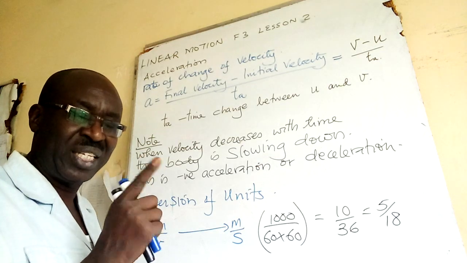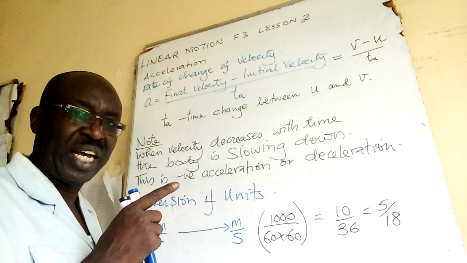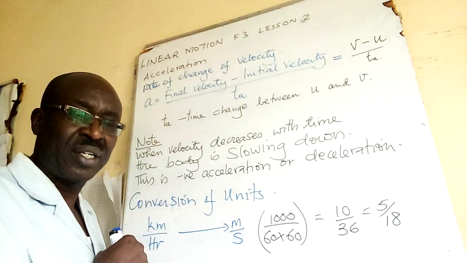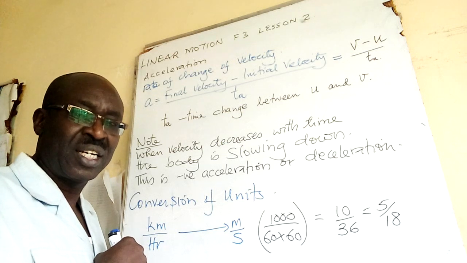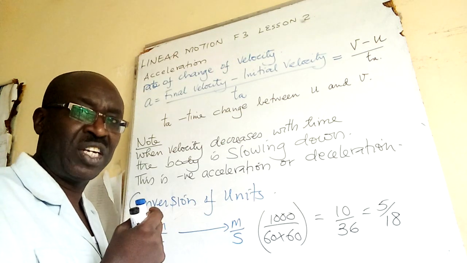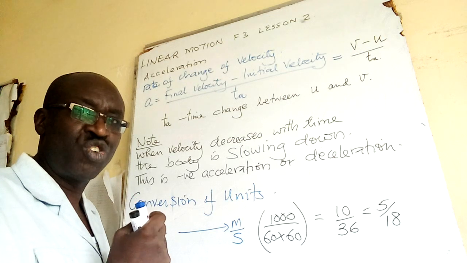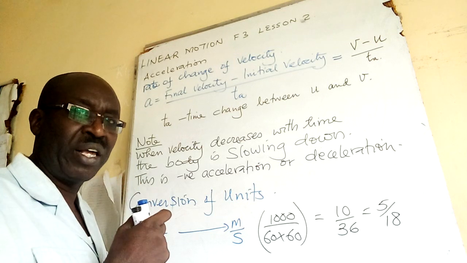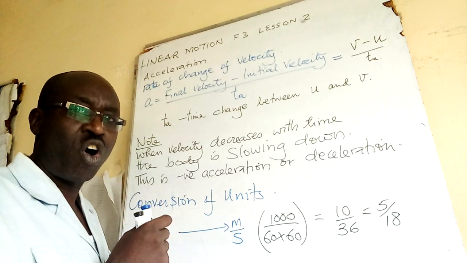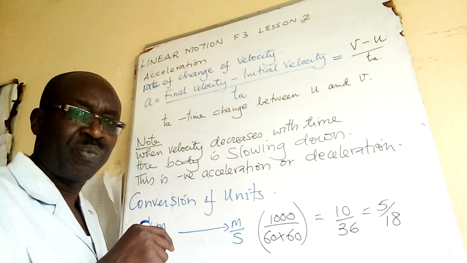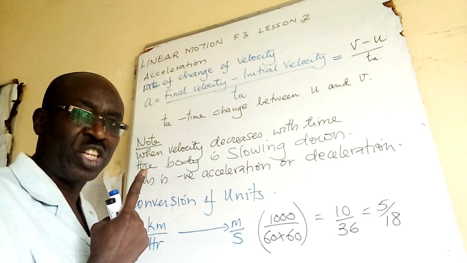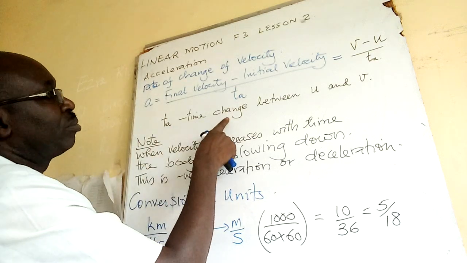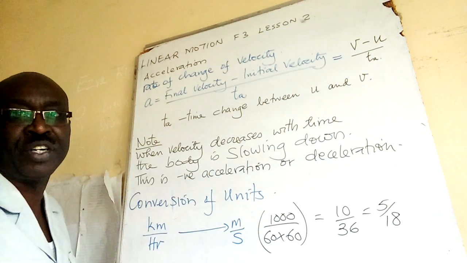TA is the time taken for that change to be experienced. Using the letters, final velocity is V, initial velocity is U, so velocity change is V minus U over the time taken for that change. So TA is time change between U and V.